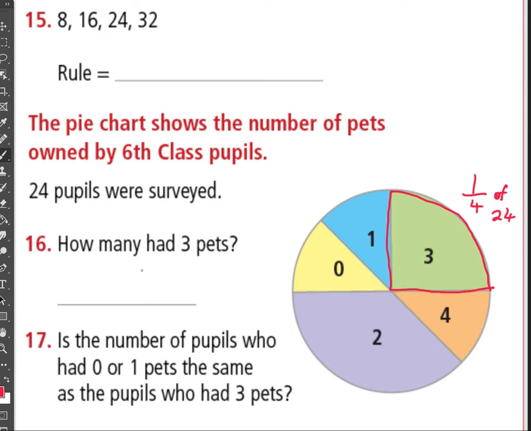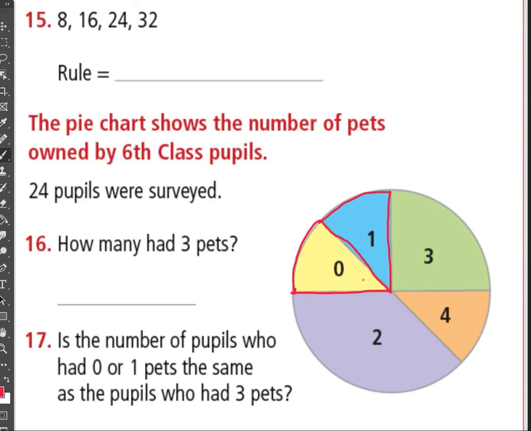Number 17 asks us, is the number of pupils who had 0 or 1 pets the same as the pupils who had 3 pets? So if we look at the people who had 0 or 1 pets, that's these guys in here and these guys in here, and all together that's a quarter of the circle.